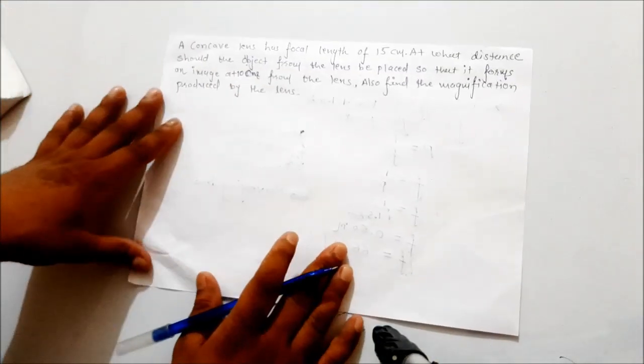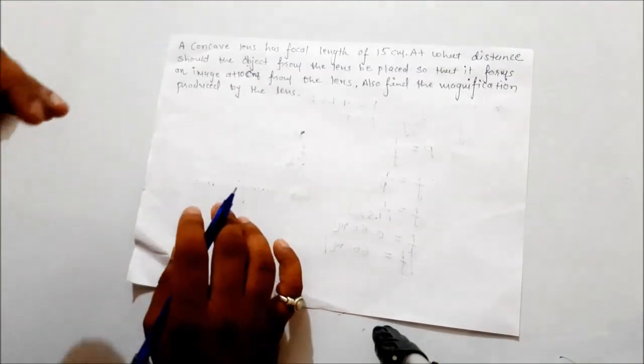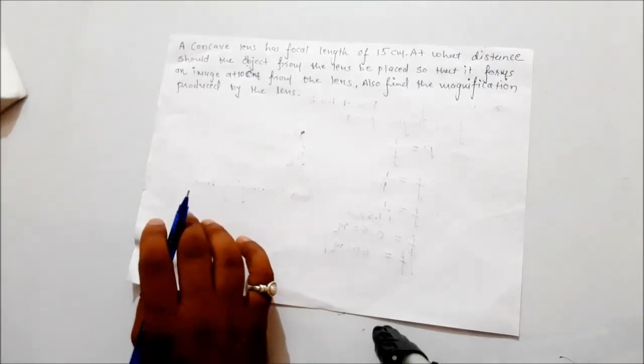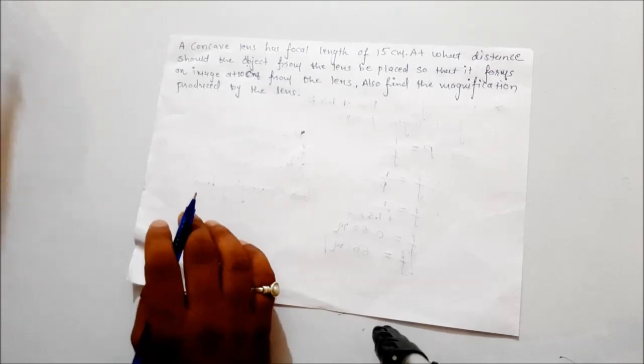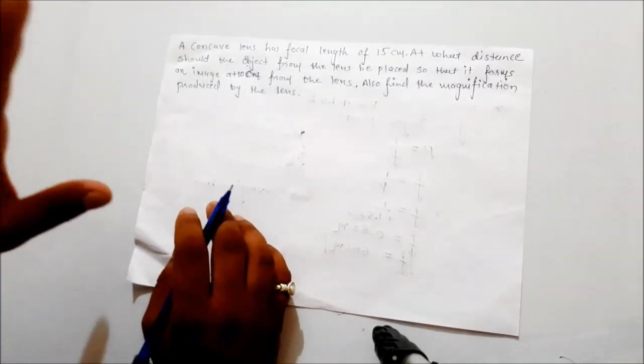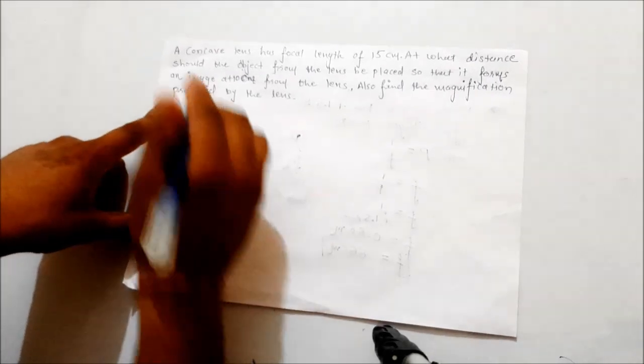Now let's go for another sum. See, here we have another sum. According to this sum, a concave lens has a focal length of 15 centimeter. We have a concave lens, right?